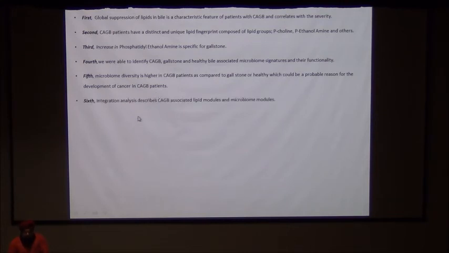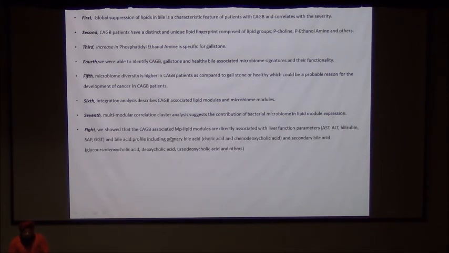The integration analysis describes CAGB associated lipid modules and microbiome modules. Multimodular correlation analysis suggests the contribution of bacterial microbiome in lipid module expression. We show that the CAGB associated modules are directly associated with liver functions and bile acid profile, including primary and secondary bile acid.